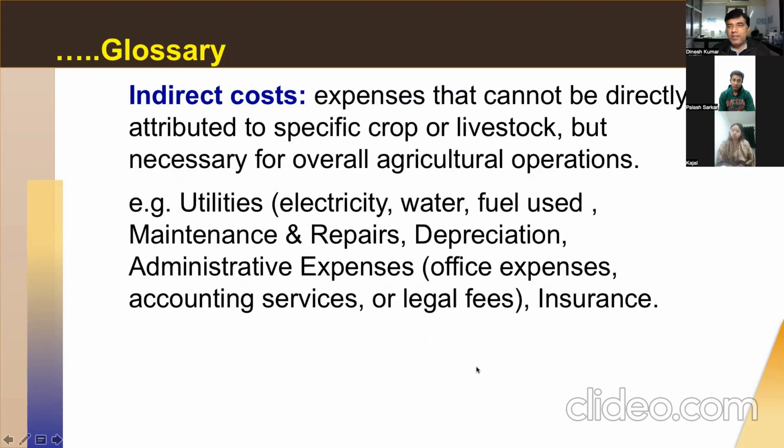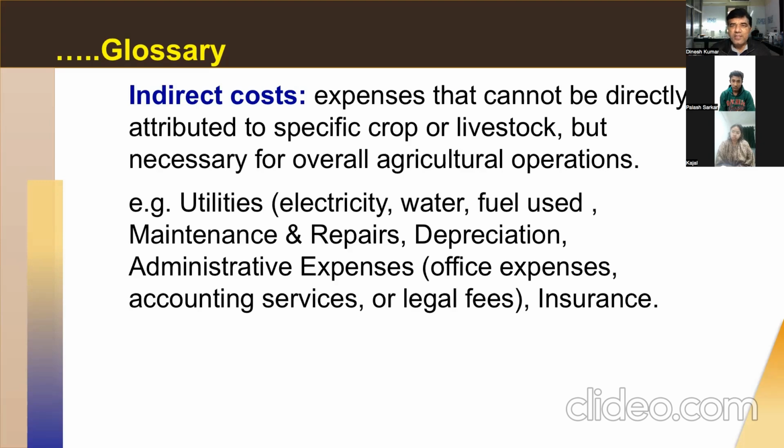Now you see what is indirect cost. Expenses that cannot be directly attributed to a specific crop or livestock. You do not use them directly on them. But such expenses are necessary for overall agricultural operations or activities. For example, utilities are indirect costs that are always there.